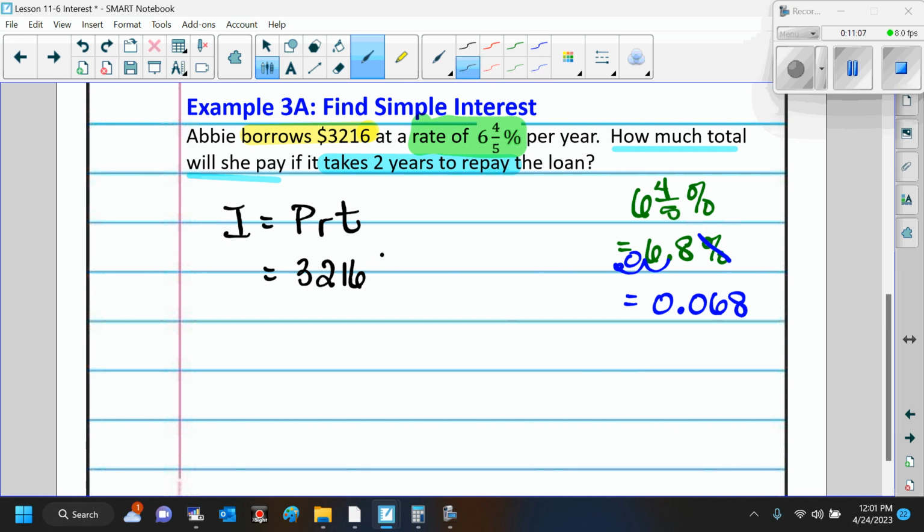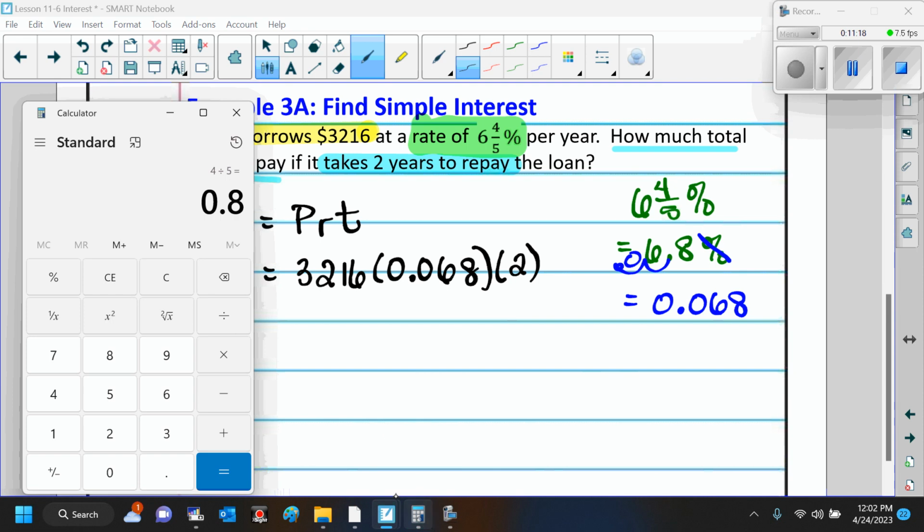So we're going to multiply times 0.068. And the time is 2 years. So now we multiply.